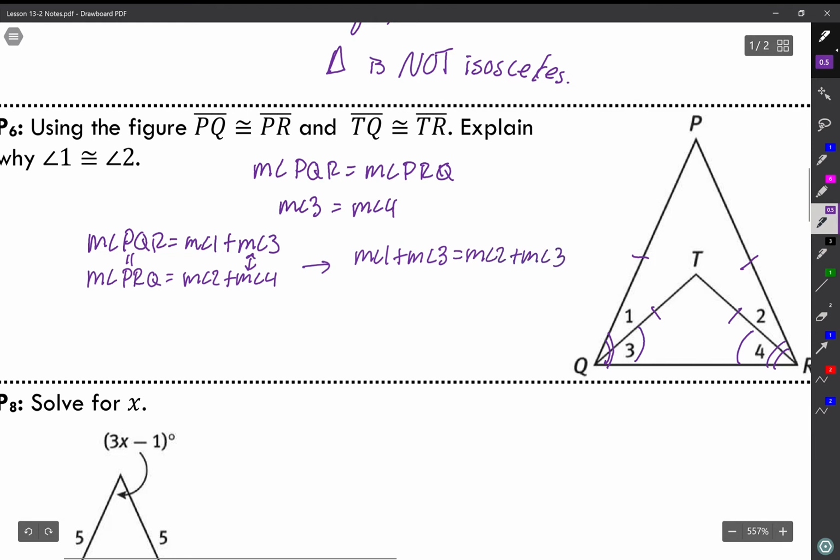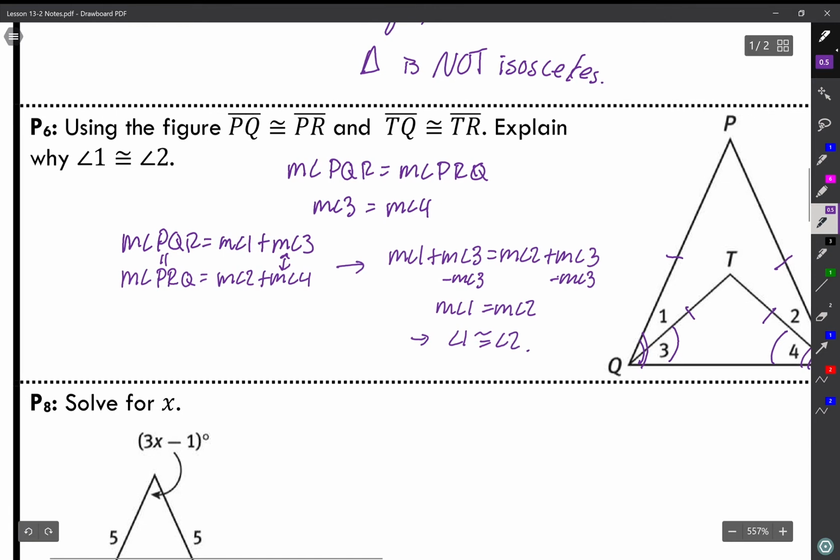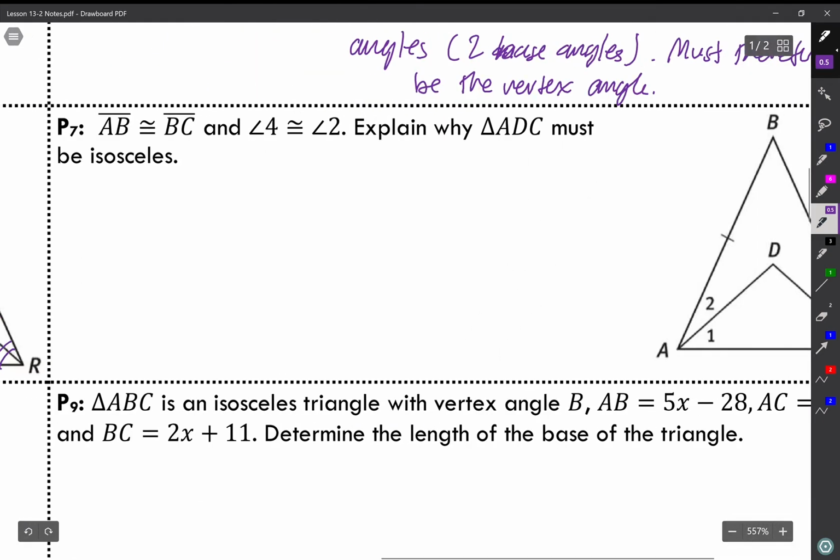We subtract these measure of angle 3's away. Then we're left with the measure of angle 1 equals the measure of angle 2, and thus angle 1 is congruent to angle 2. And that's it right there. Boom. Number 6.